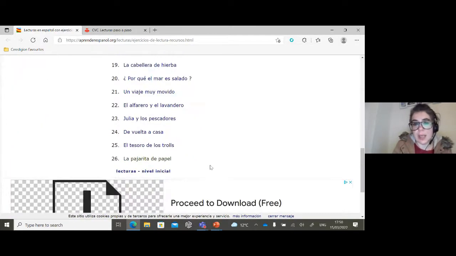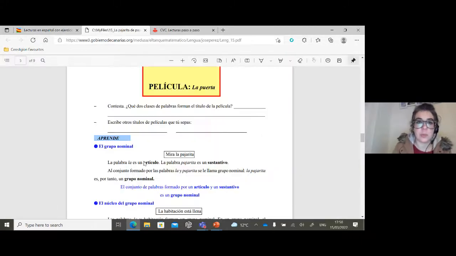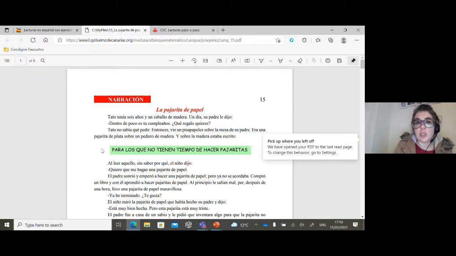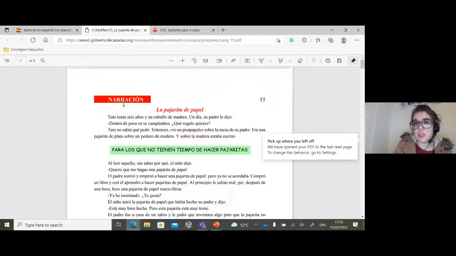So let's just take one to have a look. So if we open this one, La Pajarita de Papel, you got a little story here. And again, you can just break it down in smaller chunks. So you got narración. I'll do the same thing as we done earlier on with the first paragraph.